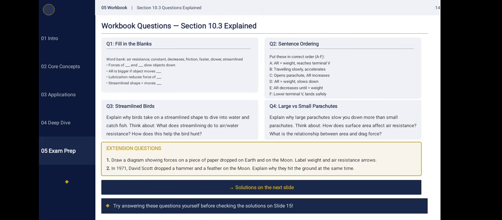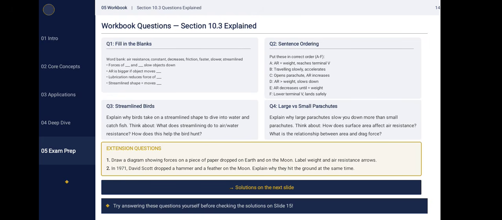The words given are air resistance, constant, decreases, friction, faster, slower, and streamlined, while the blanks are: the forces of dash and dash tend to slow moving objects down. So forces of, what do you think? Yes, force of friction and air resistance.